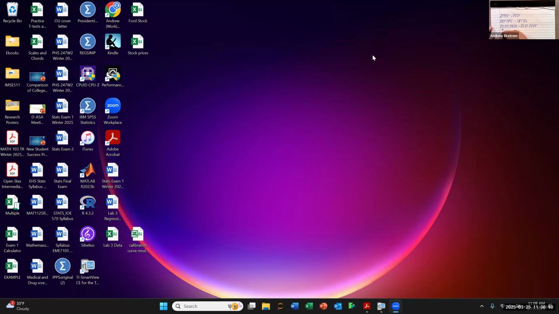Cube root of 27 is 3, cube root of 5 is just going to be the cube root of 5, cube root of x to the 6 is x squared, cube root of x is just going to be cube root of x. Cube root of 8 is 2, cube root of 5 just going to be cube root of 5, cube root of x to the 6 is going to be x squared, cube root of x.